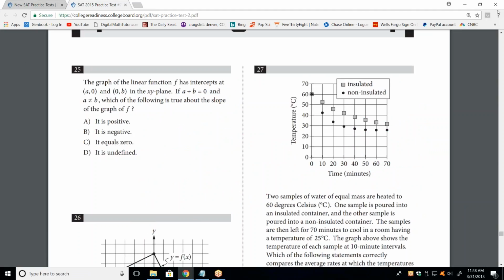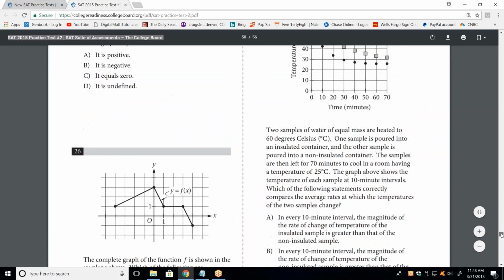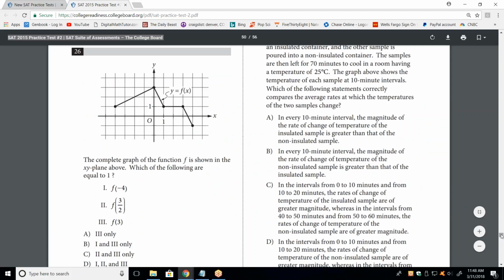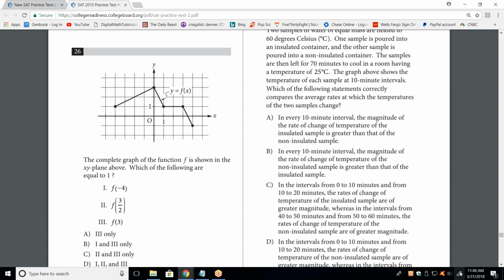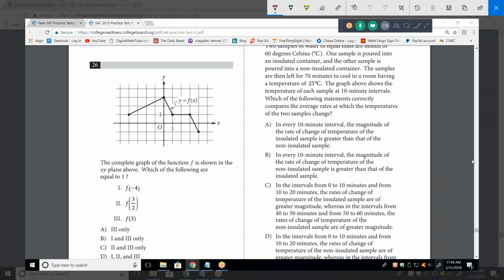All right. Let's look at 26. Now these are a little tricky because they're really kind of 3 questions in one. This looks like 1 question, but it's not. It's 3 questions. They are asking you, is that true? Is that true?